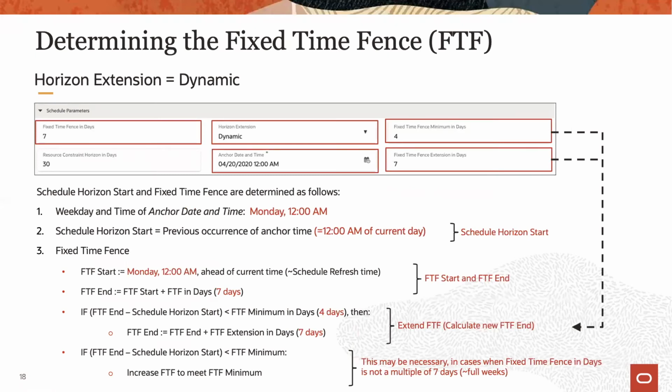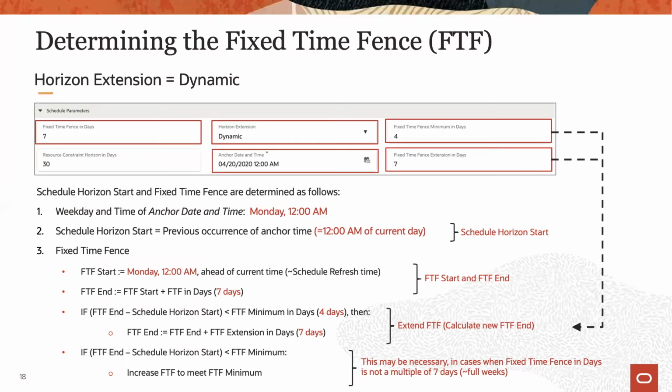If horizon extension is dynamic, then additional schedule options are relevant, namely the fixed time fence minimum in days and the fixed time fence extension in days. The schedule horizon start and fixed time fence are then determined as follows. Here we now consider both the weekday and the time portion of the anchor date and time.